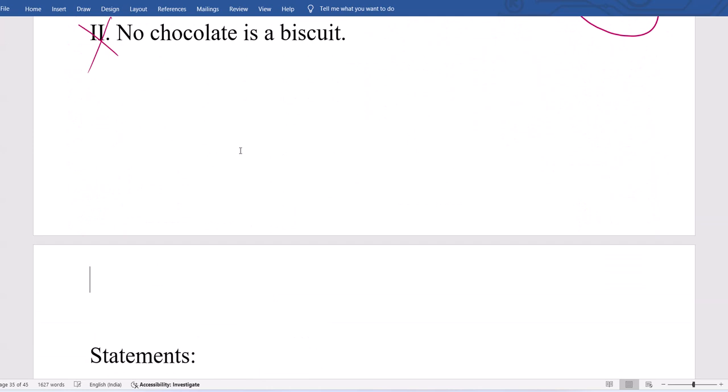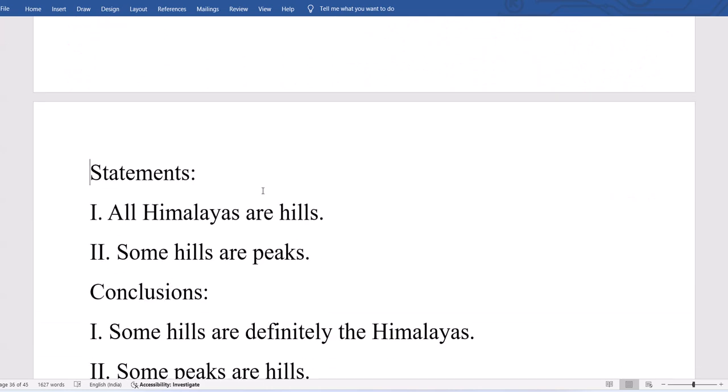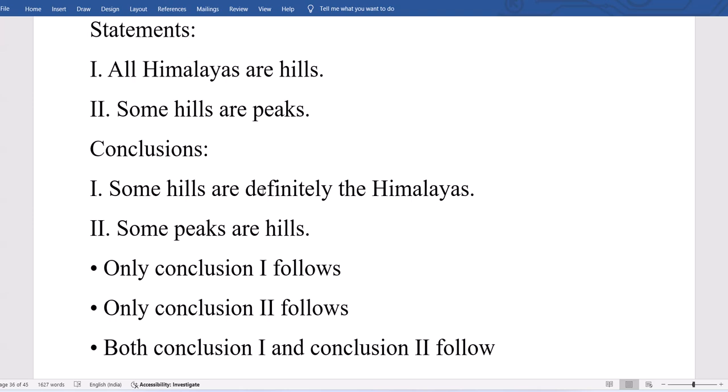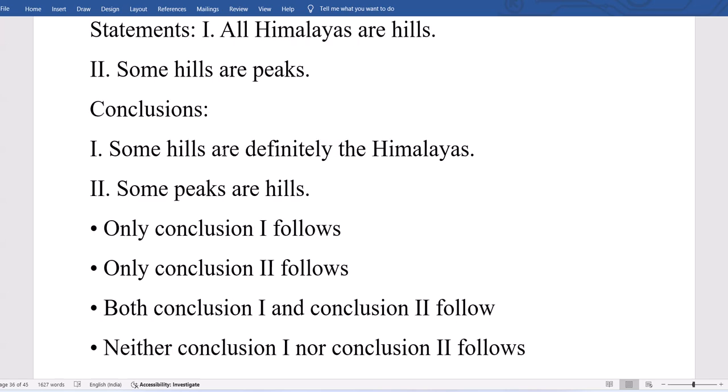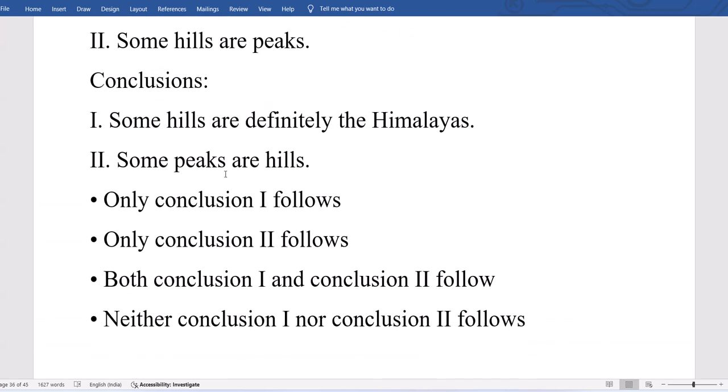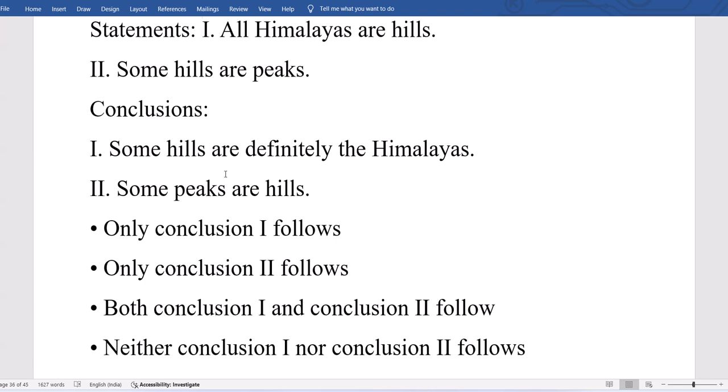Now, what about this one? All Himalayas are hills. Some hills are peaks. Only one follows, only two follows, neither one nor two. There is no option of either one or two. Again, here we have the word definitely. When all is reversed, some is definitely true.